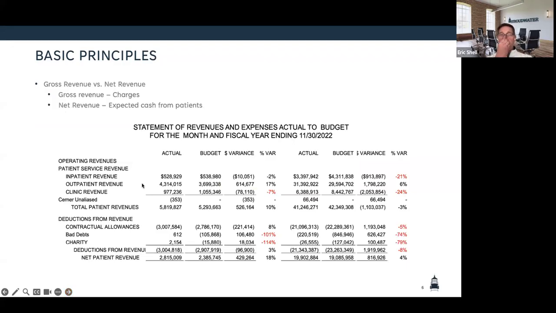We then talked a little bit about the difference between gross revenue charges versus net revenue, where net revenue is what you expect to receive in cash. Gross revenue is what our charge master says a service is billed out at. The difference is something we call contractual allowances. It's what we write down our gross revenue, our charge, to reflect what we expect to get paid.